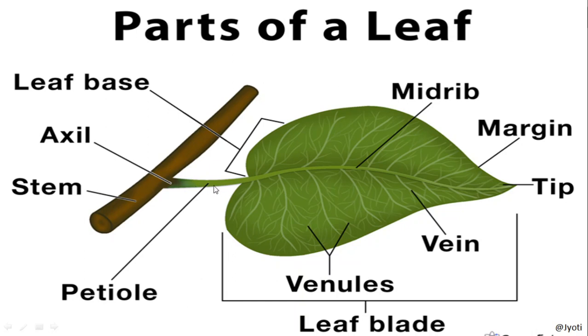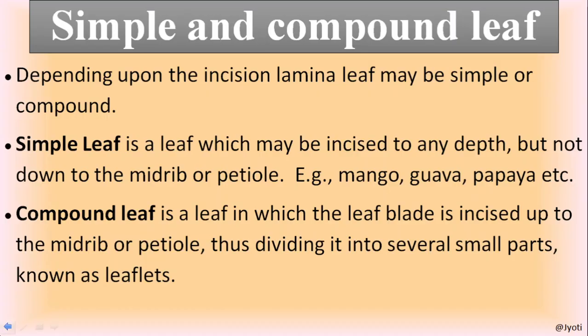So the extension of the petiole up to the terminal part or tip of the leaf is called midrib. The branches developed from the midrib are called veins. The veins are further branched, that is called venules. So this is the basic structure of a typical angiospermic leaf.